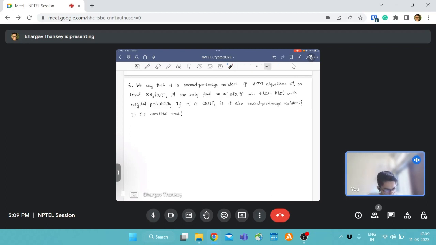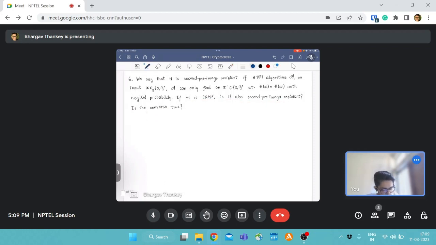That's this part of the question. And this part asks if second pre-image resistance implies collision resistance. Actually, it's the other way around. This is true. The converse need not be true. Let's see why.